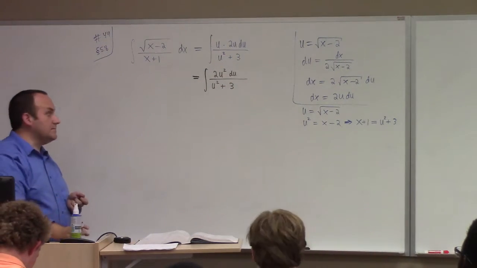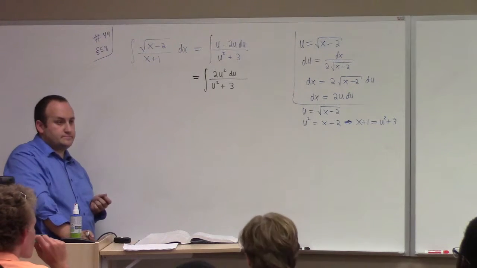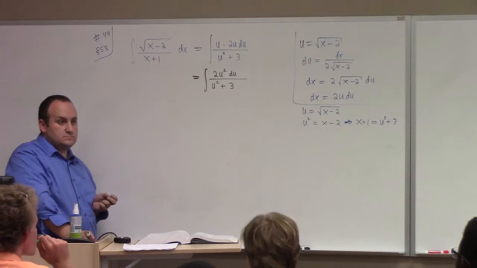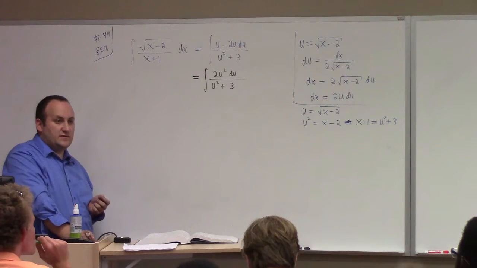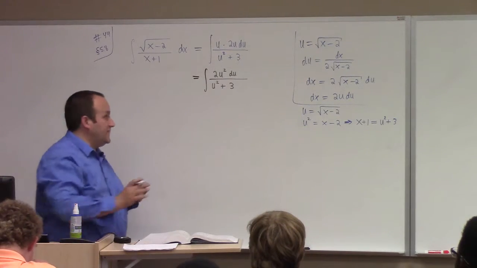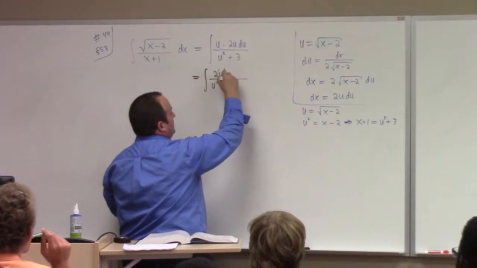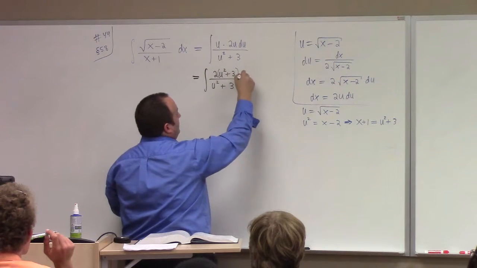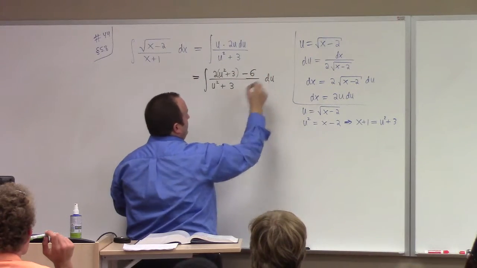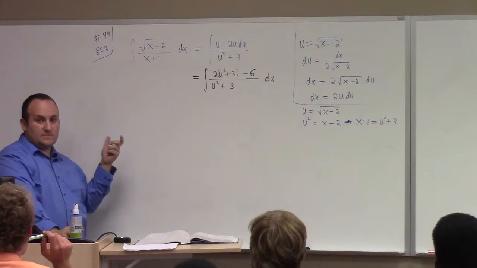How do we do this integral? You've got choices. You could do long division, or you could use a trick. I'm going to use a trick if you guys don't mind. I'm going to rewrite this as 2 times u squared plus 3 minus 6 times du. See what I did? I added and subtracted 6.